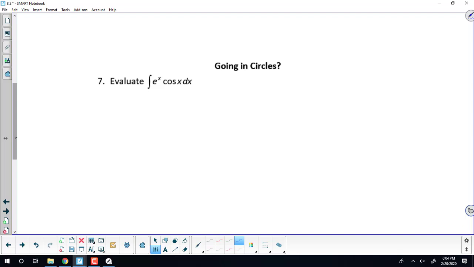So e to the x cosine x, u should be cosine x, if we're just trying to be consistent with our acronym. You could have your u being e to the x as well. Here it doesn't matter. Then dv is e to the x dx.